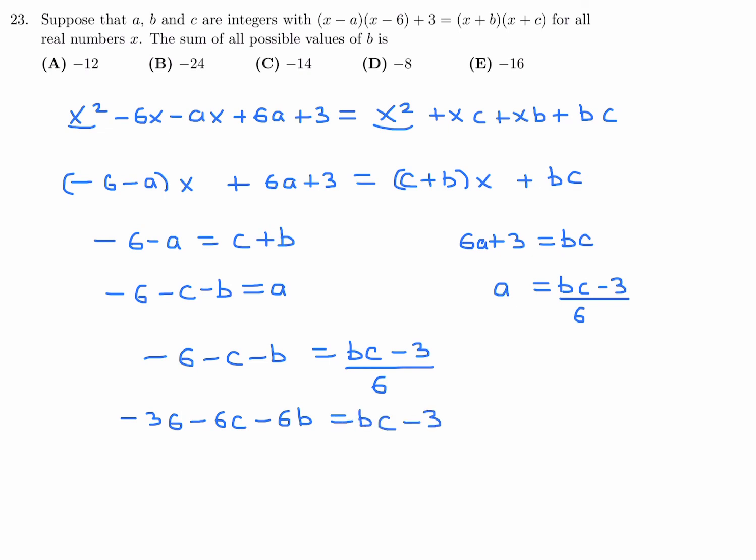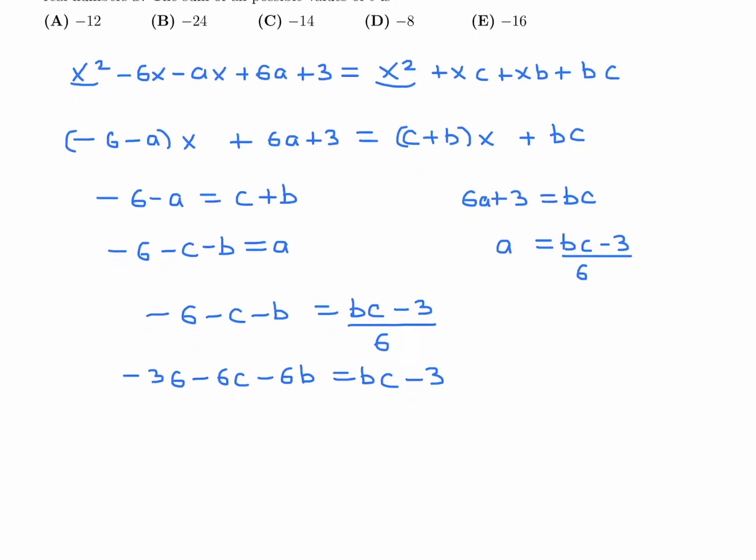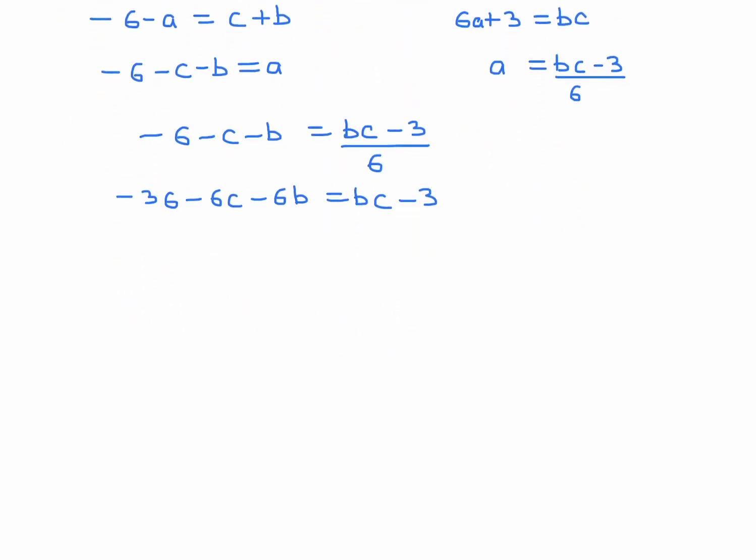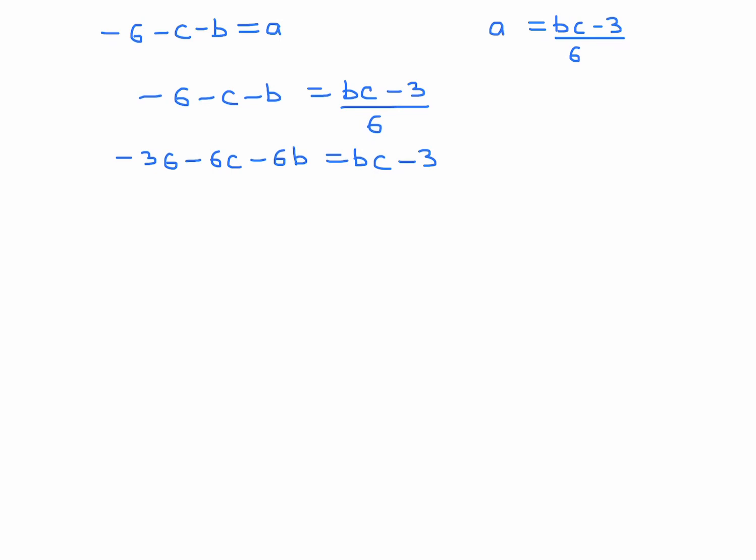Okay, if I can factor this, it would help me out a lot. Now, I think I can. I see some very helpful variables, but I think I'm going to have to put everything on one side first. So I'll put the 3 over here, and then bc plus 6b plus 6c, and then the plus 36.